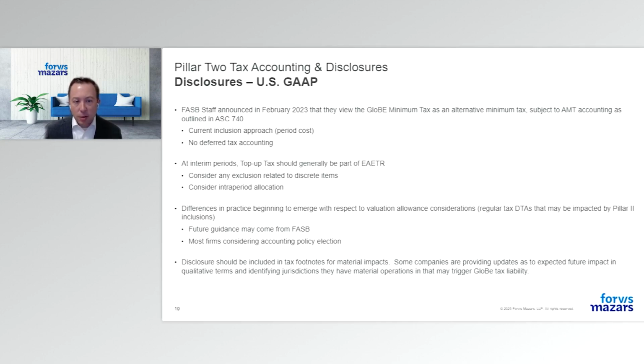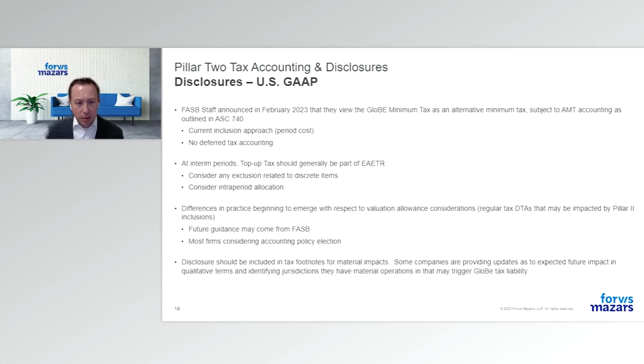Differences in practice are beginning to emerge. So we were seeing valuation allowance considerations. If a VA is going to be impacted by Pillar 2, what does that do for the financial accounting disclosure? We're expecting future guidance on this.